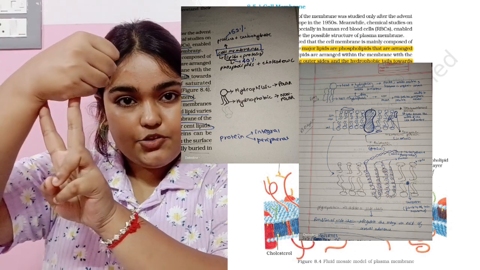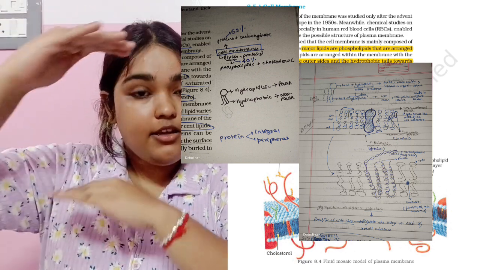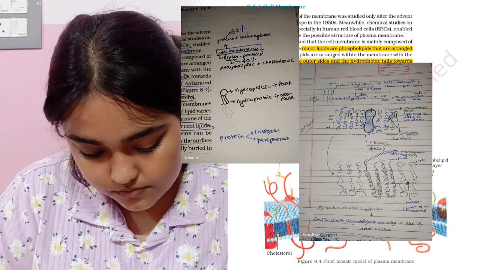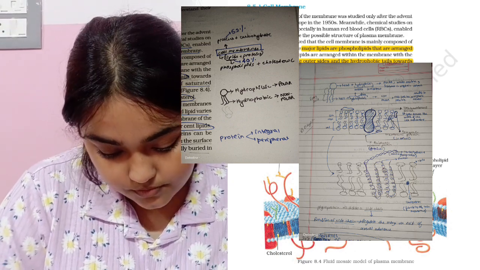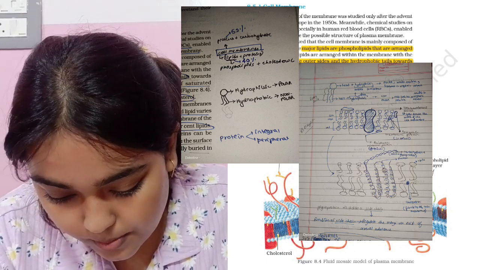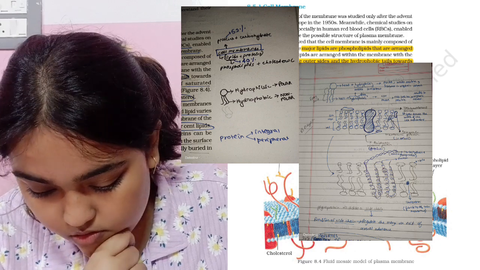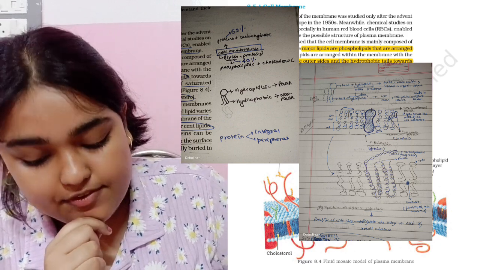One layer is situated like this, and another is situated like this, and we have the bilayer formation, so as to protect from the aqueous environment.